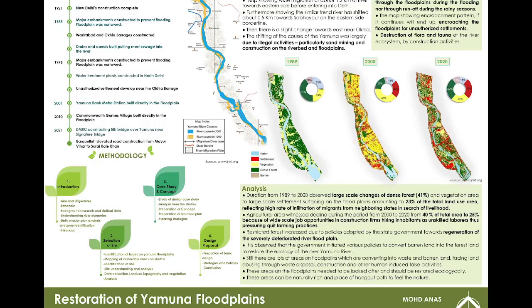Then in phase two, identification of issues on the Yamuna River, mapping of vulnerable areas and stress, identification of the site, site understanding and analysis, mapping of several issues, and data collection. And then there is a stage three where the case study is done.